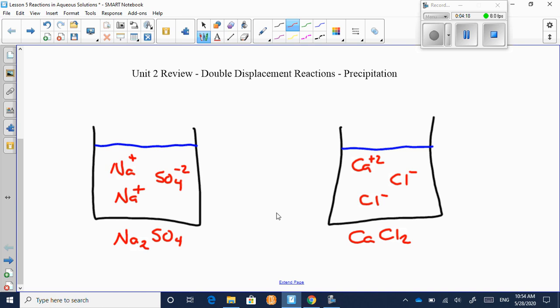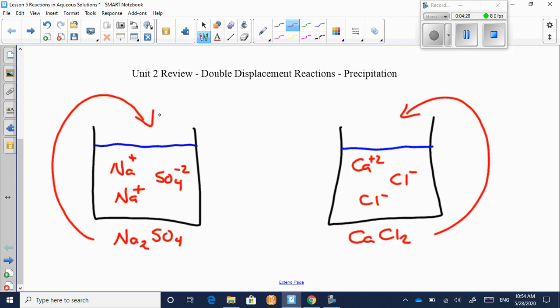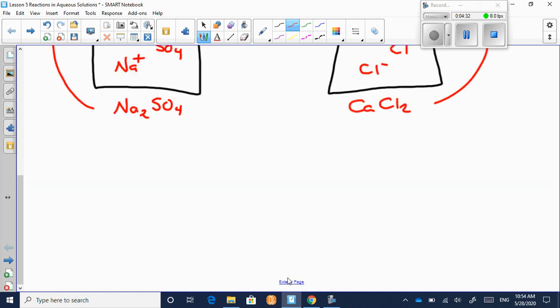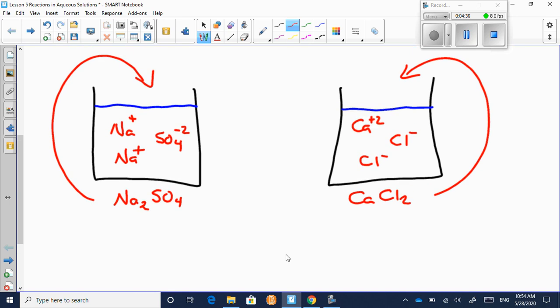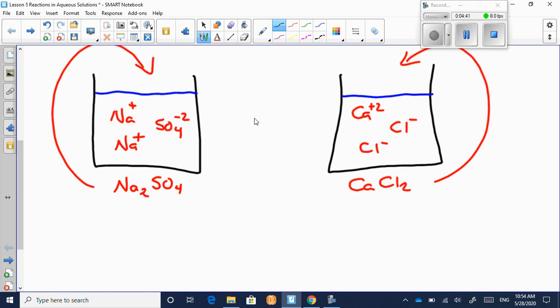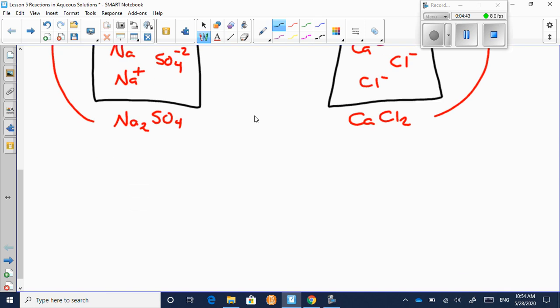So here we go. I've got two beakers filled with water. I added in my calcium chloride. I added in my sodium sulfate. Now what I'm going to do is pour these two beakers together into a bigger beaker. Here it is, a bigger beaker down here.